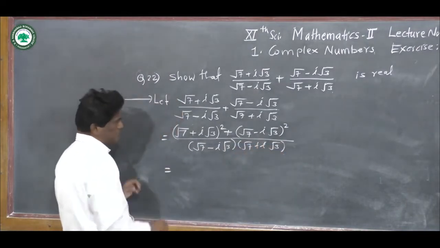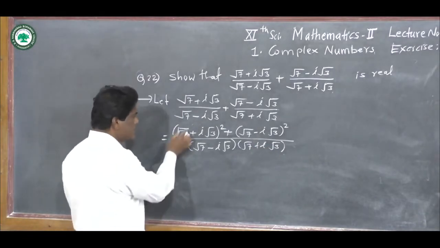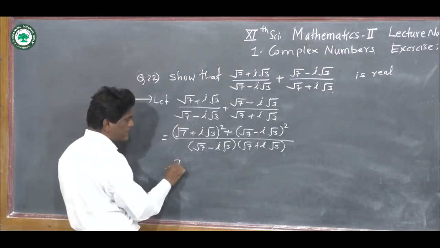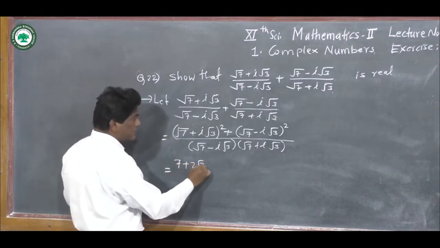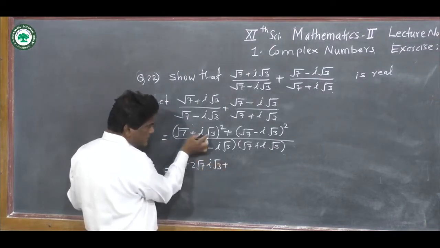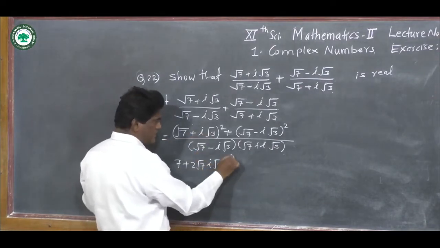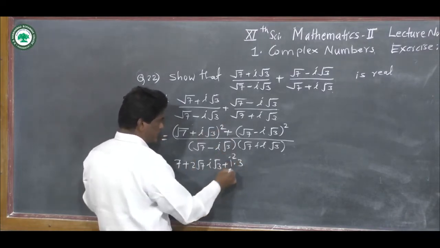So this is equal to, now expand this using the formula (a + b) square, that is a square, √7 square, that is 7, plus 2 times √7 into i into √3, plus square of this, that is i square into √3 square, that is 3.